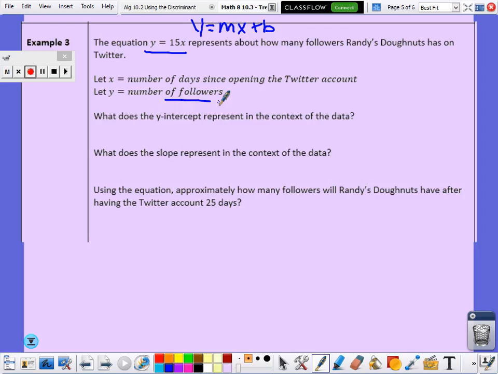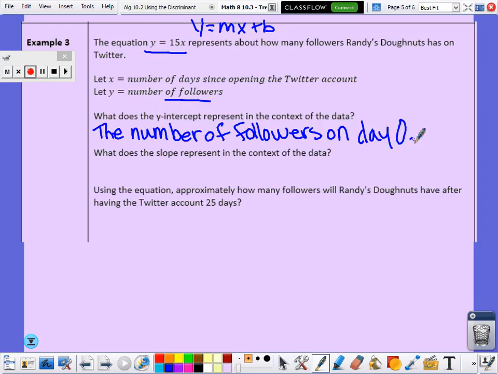Or excuse me, on day 0. So if we were to plug in 0 for x, the day, you're going to get 0 for y, or the number of followers. So this one for the first part is the number of followers on day 0.